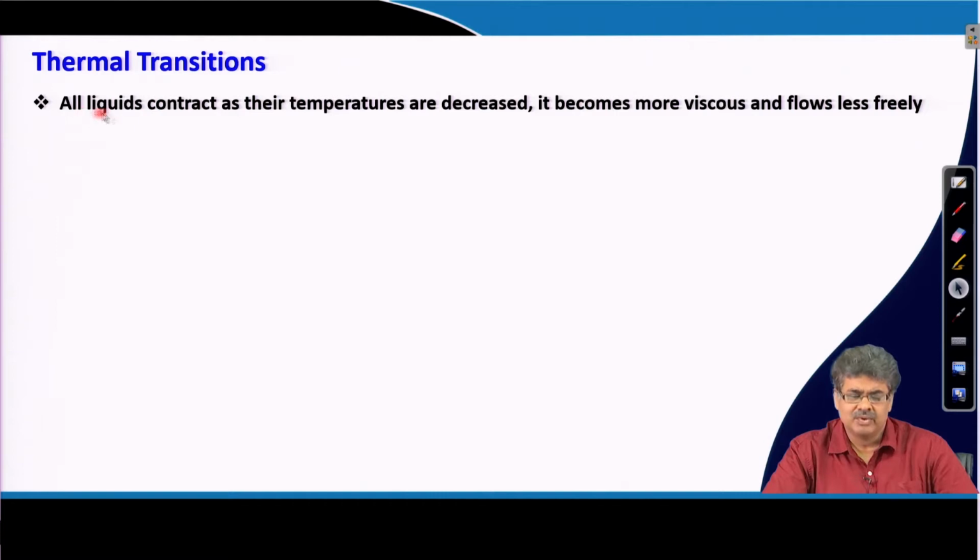Now, if we think about a liquid, say like water, and decrease its temperature, what happens? When the temperature is decreased, it becomes more viscous and it flows less freely.